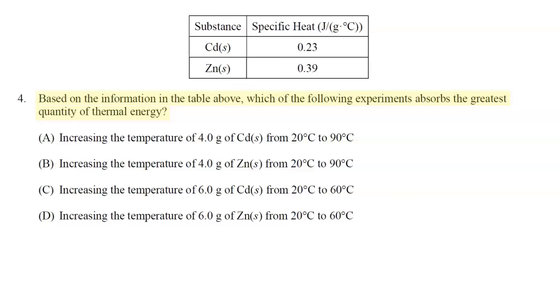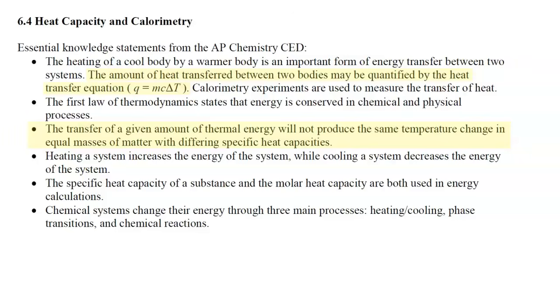So this question falls under topic 6.4, heat capacity and calorimetry. What's highlighted on this slide are some of the essential knowledge statements from topic 6.4. The amount of heat transferred between two bodies may be quantified by the heat transfer equation, which is Q equals M times C times delta T. And the transfer of a given amount of thermal energy will not produce the same temperature change in equal masses of matter with differing specific heat capacities.